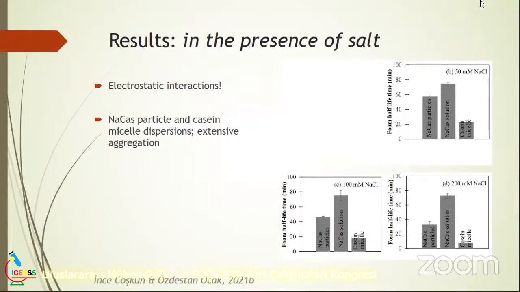So for the sodium caseinate particle dispersions, the foam stability decreased when the salt concentration increased, which is most probably due to the extensive aggregation of the particles that the foam layer cannot support. But this situation is different in the native sodium caseinate solution, which seems not to be affected at all. For casein micelle dispersions, it is similar to the sodium caseinate particles actually. Then we can see both dispersion systems show extensive aggregation with the increasing concentration of salt.